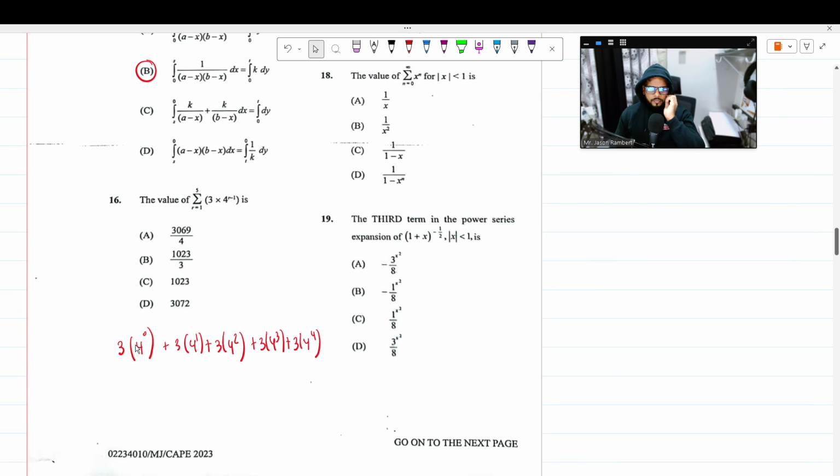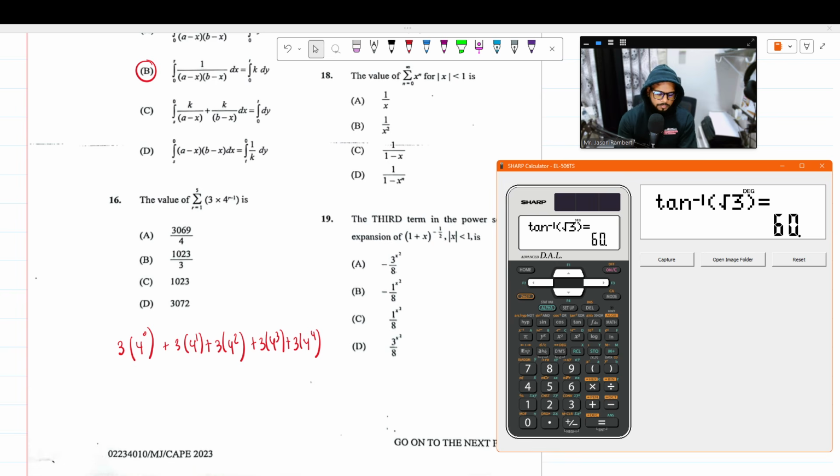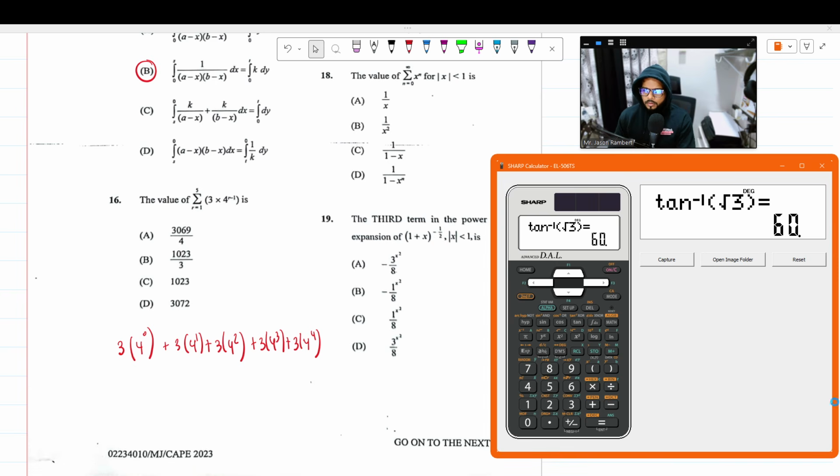So we have first term, second term, third term, fourth term, fifth term. 4 to the power 0 is 1. So 1 plus 4 plus 4 squared plus 4 cubed plus 4 to the power 4, multiplied by 3, is 1023. Yep.